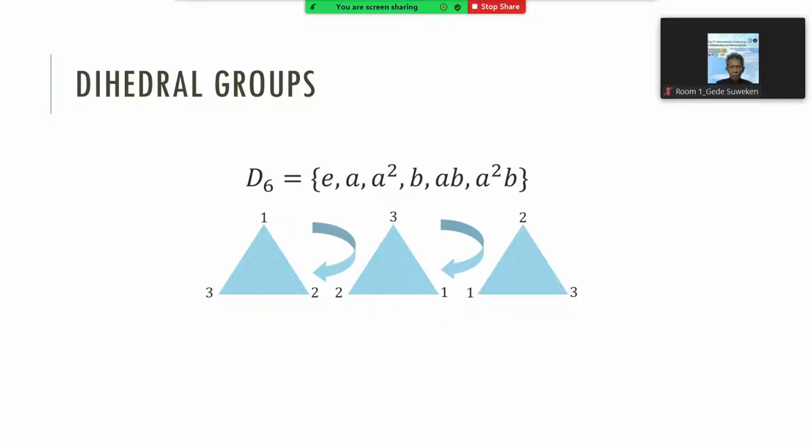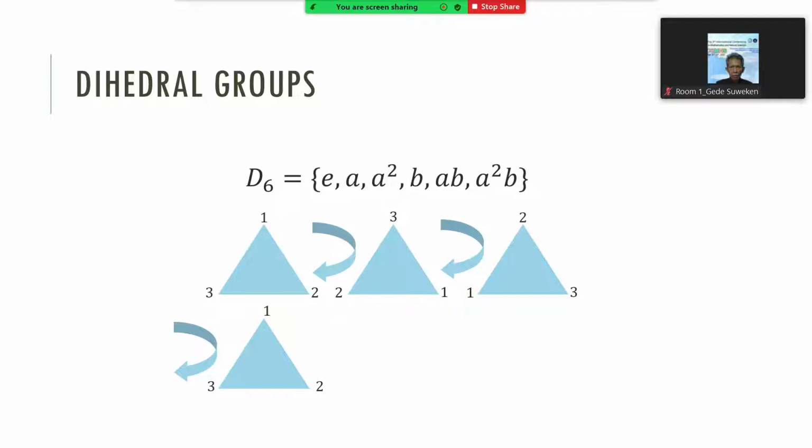So we call this symmetry A squared. The last rotation symmetry is the rotation of 360 degrees. In this rotation, number 1 comes back to its original place, so we call this symmetry the identity.